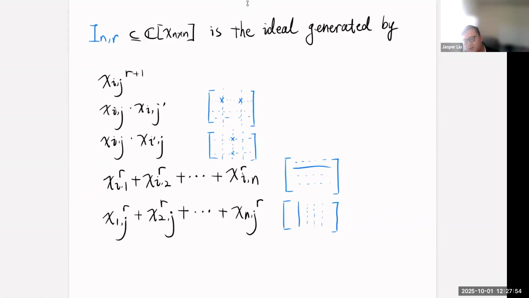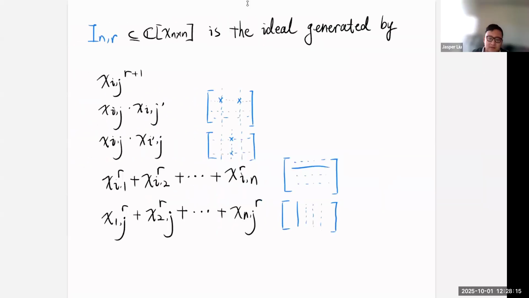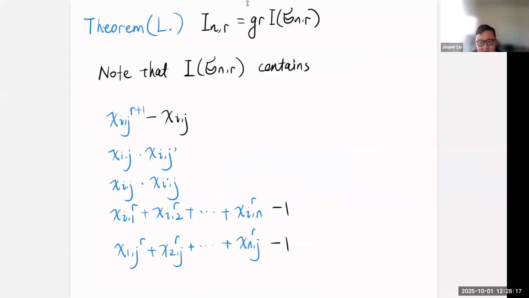If you put R equal to 1, the R-colored permutation group is exactly the symmetric group, and we recover all the generators of the In case. And again, my theorem is that this ideal is exactly the associated graded ideal of the vanishing ideal of the colored permutation matrix loci.